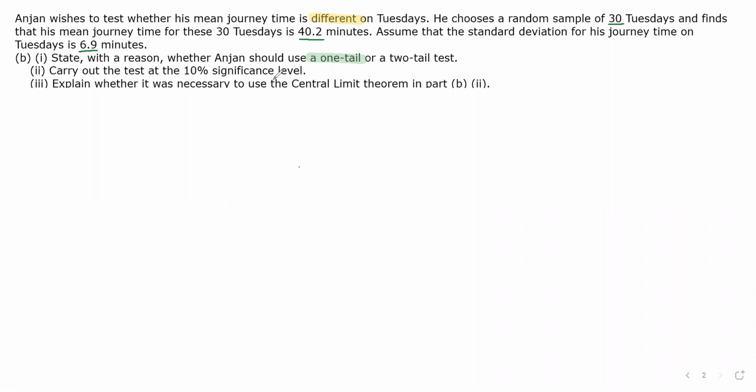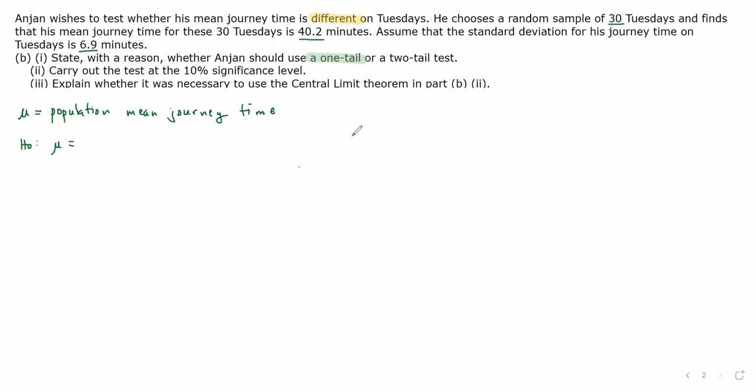Part 2: carry out the test at the 10% significance level. So we are testing the mean journey time. We let mu be the population mean journey time. The null hypothesis is that there is no difference from Monday.